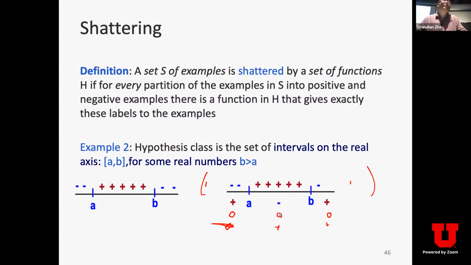We're just talking about, given a particular 3 points here, can we do that? Of course, you can find one set of points, say if they overlap with each other, that cannot be shattered by any hypothesis space. It's fine. But you will later see that, as a key component of the definition of VC dimension, we don't require that it can shatter any set of points. We only require that you can find a set of points that can be shattered, then that's fine.